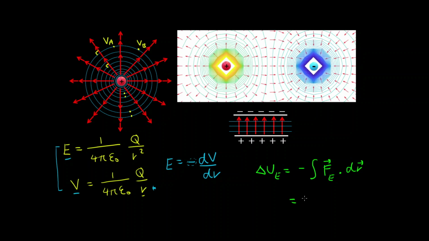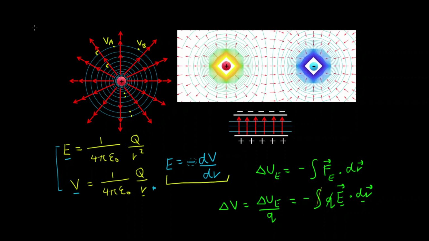And we can write this here as minus the integral of the test charge by the electric field dot dr, and that's equal to the change in electric potential energy. And if we divide through by Q, we get the change in electric potential. So basically, if we differentiate the electric potential with respect to R, we get rid of this integral and we get back the electric field, which is this relationship over here.